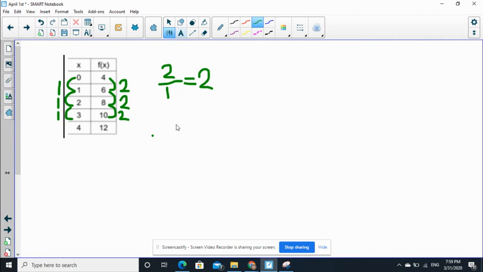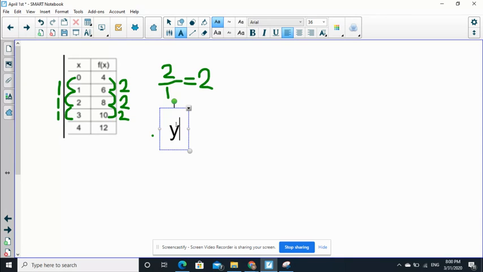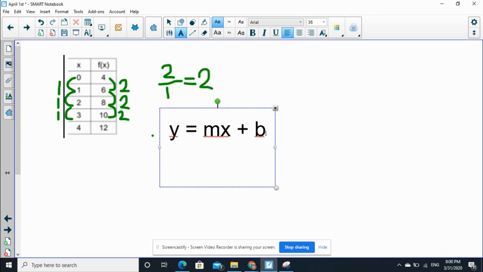Now try to write an equation to represent this function. Y equals mx plus b. This is the general form. Now we change m and b.